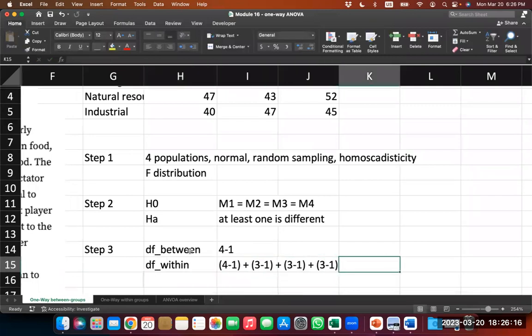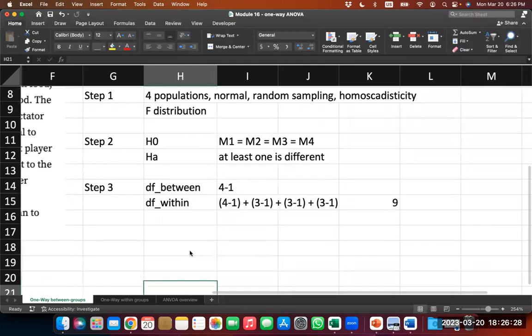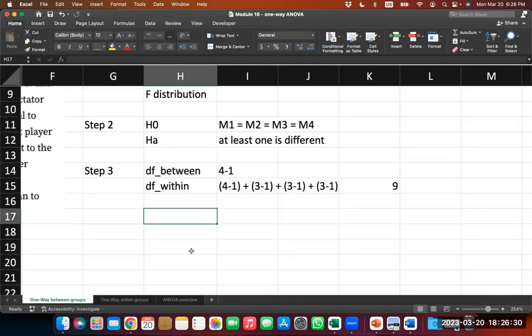That sums up to a total of 9. That's 2, 2, 2. That's 6 plus 3 is 9. So degrees of freedom between, degrees of freedom within.